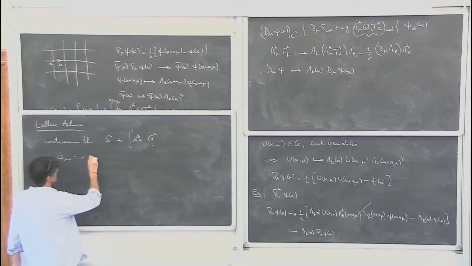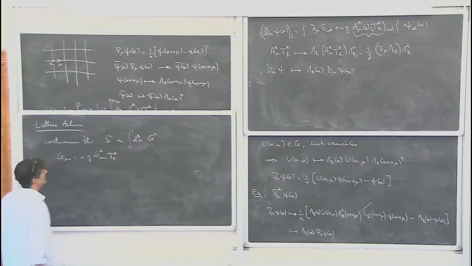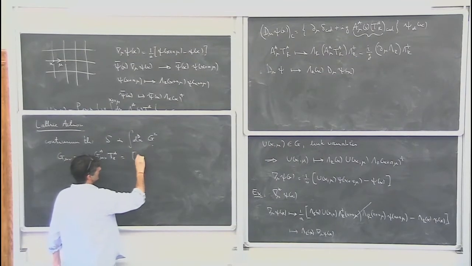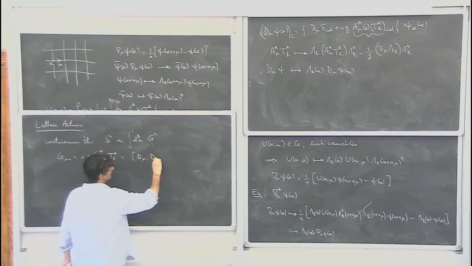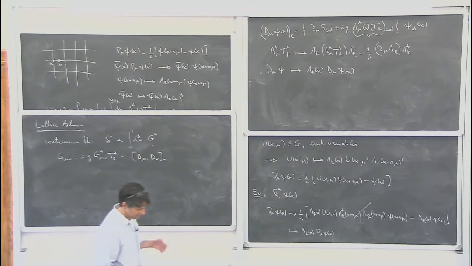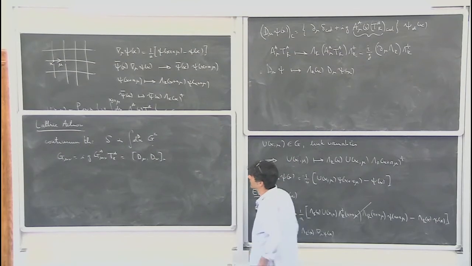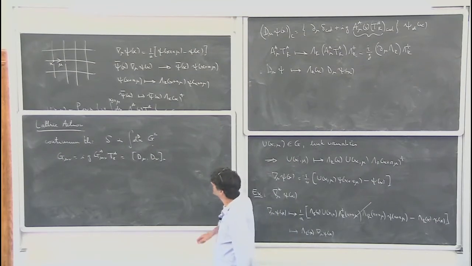So you can call this G_{μν}^a T^a. This is an element of the algebra as well, and you can write it as the commutator of two covariant derivatives. Okay, we're not going to get into the details of this. It's not particularly useful.